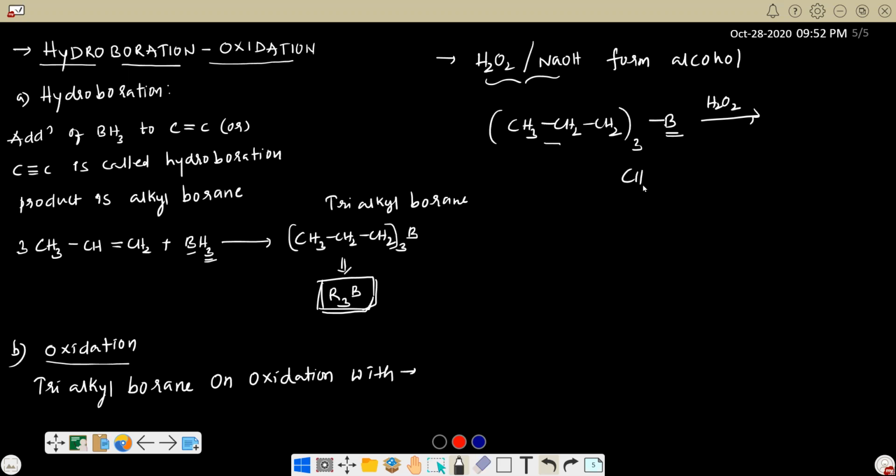The product is CH3, CH2, CH2OH plus B(OH) taken 3 times. So this is boric acid, H3BO3. Understood? Actually, I'll give you the mechanism of the reaction, everything, so that you will get more clarity on this.